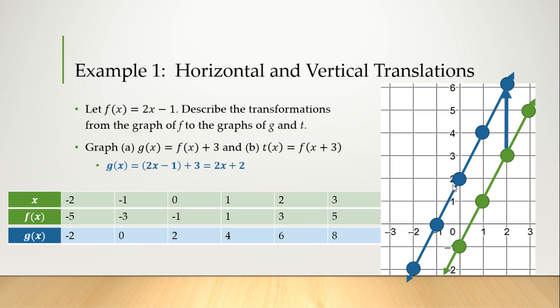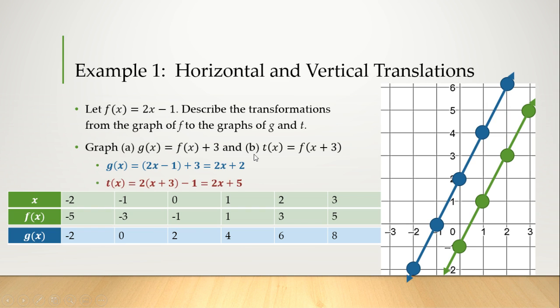And that is because this type of transformation, where we just add a 3 to the outside, moved all of our numbers to be 3 higher than they were before, because we just took all of these f of x numbers and we added a 3 to them. And that's essentially the way that equation works. It's always just 3 more than the other. Okay, so this creates a vertical translation 3 up.